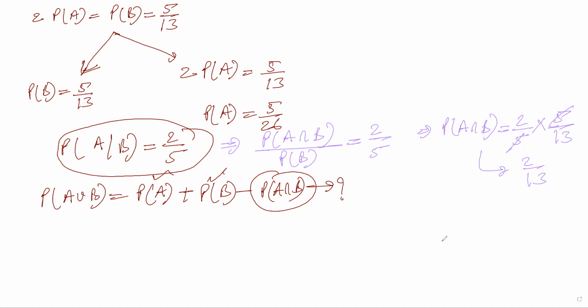So you know everything. 5 by 26 plus 5 by 13 minus 2 by 13. What's the answer after solving this?